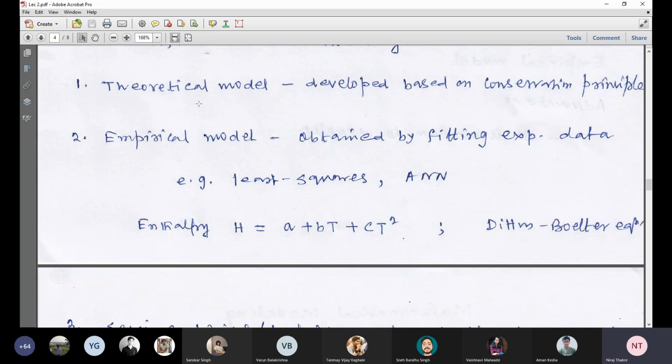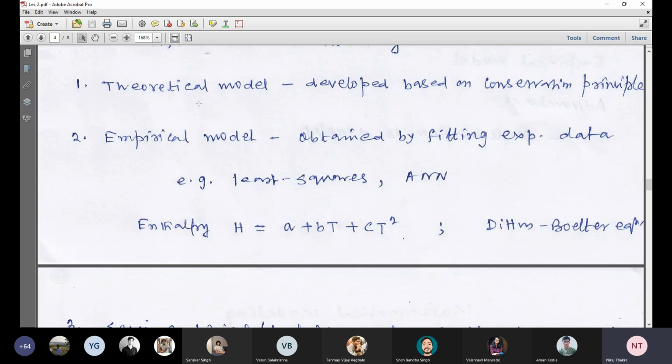And for a particular process, if you simulate a theoretical model, individually you can see how temperature is varying with time. At the same time, you can get the information of concentration with time. If you want to see what is happening in terms of K, for which we are using the Arrhenius law, with time, that we can see.